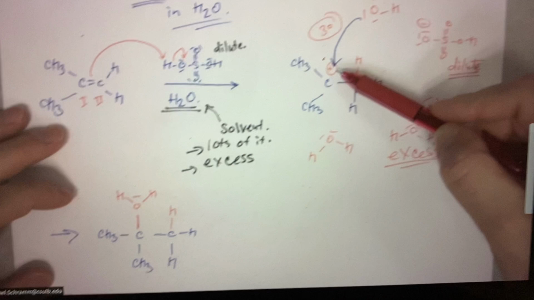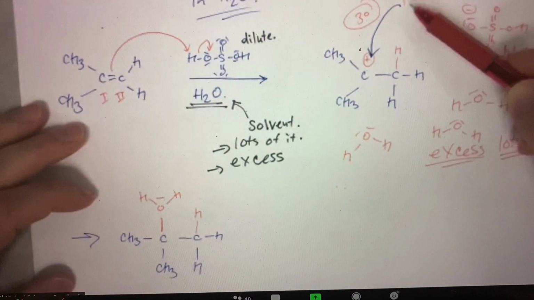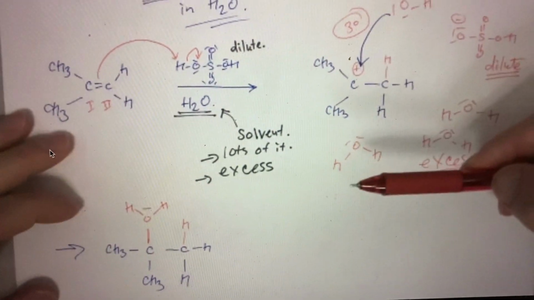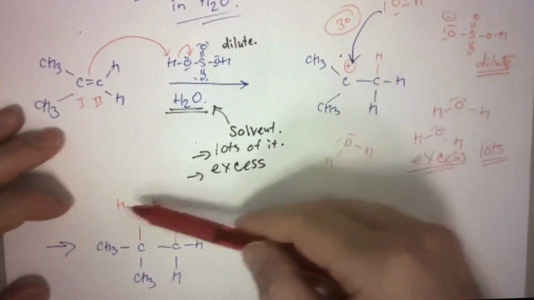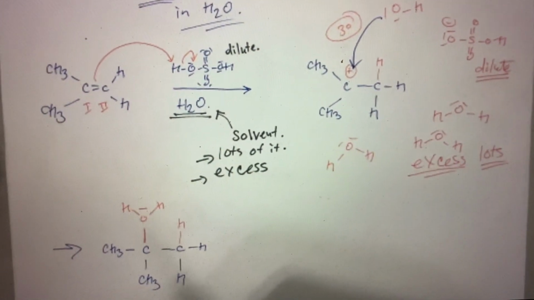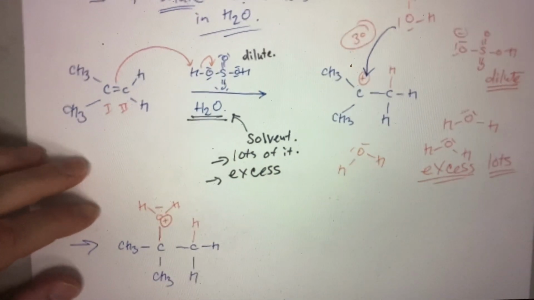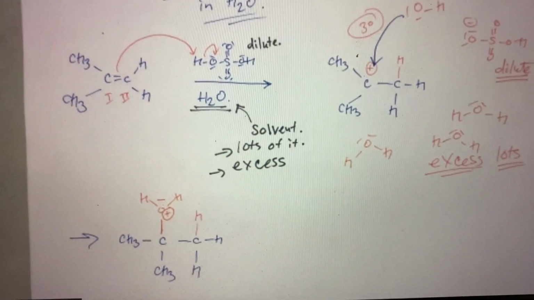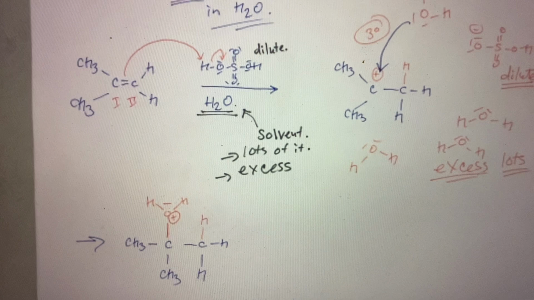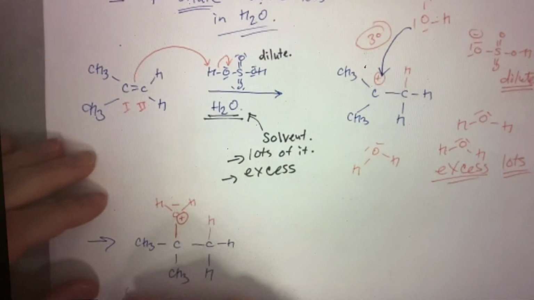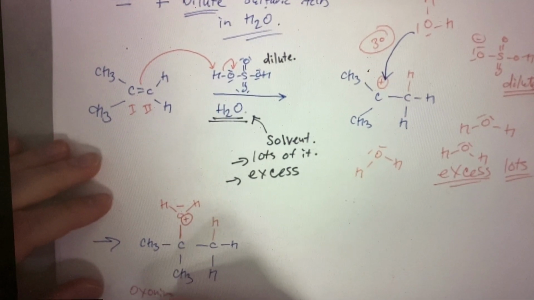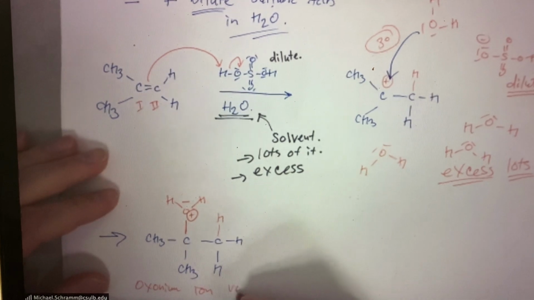It's violating the valence rule, has a plus charge on it. Oxygen can share electrons to make a bond. There's a formal charge somewhere in this molecule. You should have spotted it fairly quickly, that right here on oxygen, we have a plus formal charge when this happens. This is called an oxonium ion. It's very acidic.